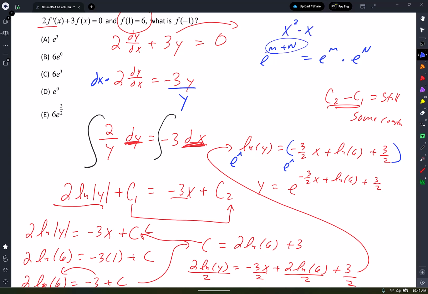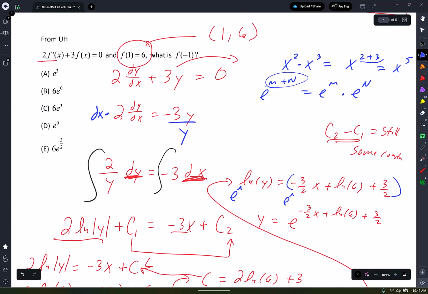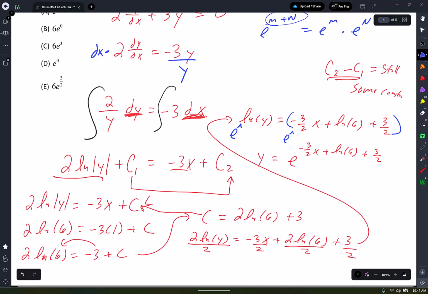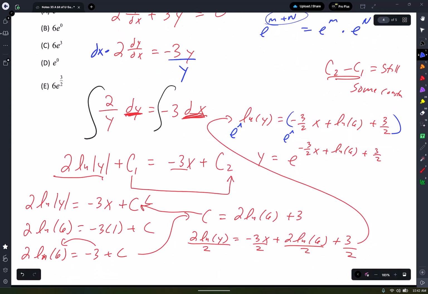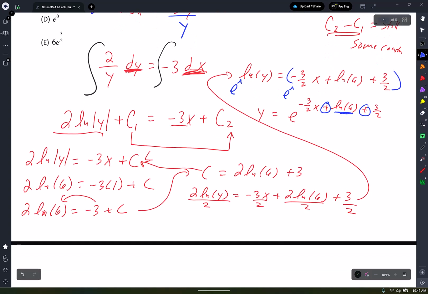X squared times x cubed, that's just x to the 2 plus 3, which is x to the 5th. See how you added there? So as long as you have the same base, look what I have. I can rewrite this. I'm going to rewrite this like this: y equals e to the negative 3/2 x plus 3/2 times e to the ln of 6.